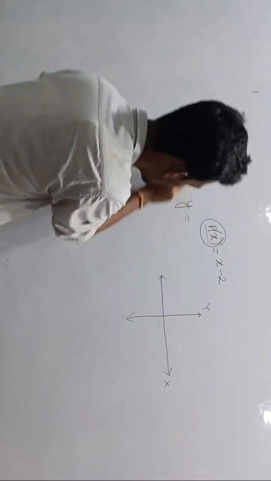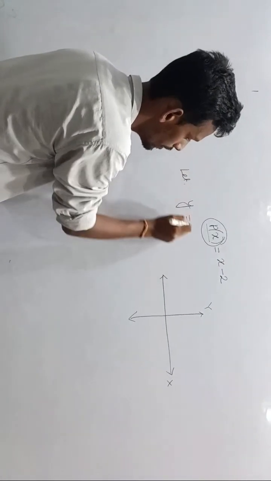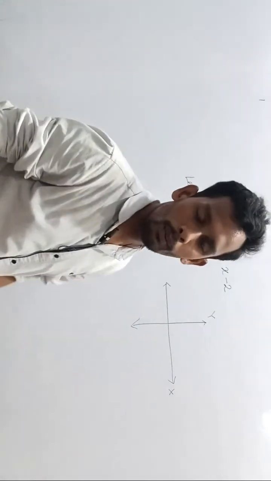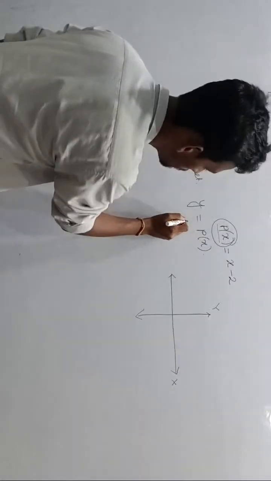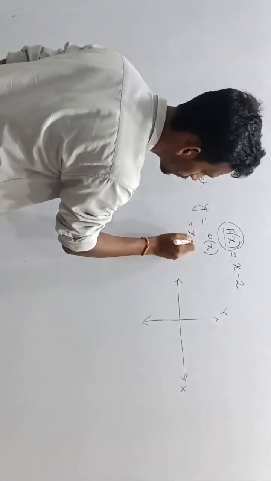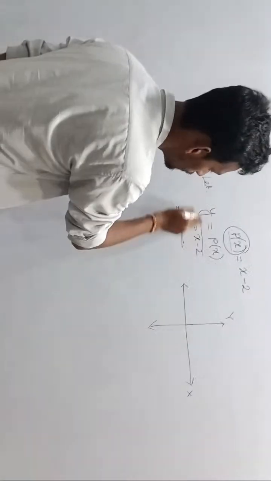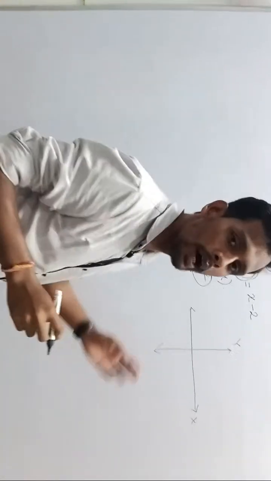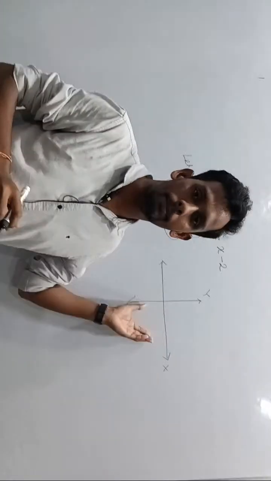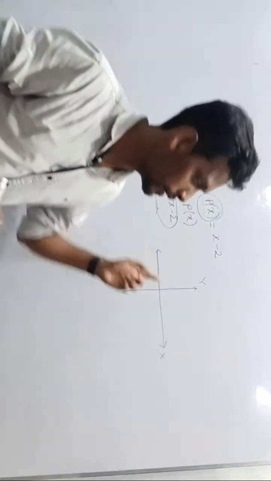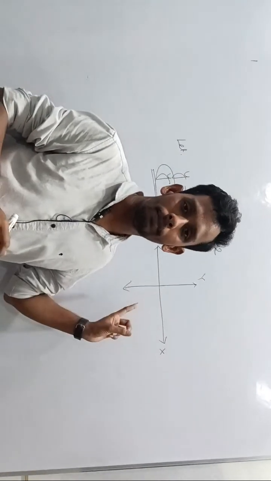Suppose let y is equal to P(x). What is P(x)? x minus 2. Y is equal to x minus 2. This will be your equation which you have to plot on the graph paper.